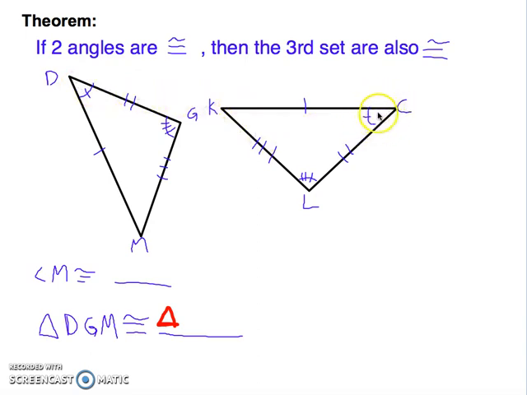C. So I have to say C first. I said G second. Which letter corresponds to G? L. And finally, M corresponds to K. And again up here, angle M would correspond to angle K.